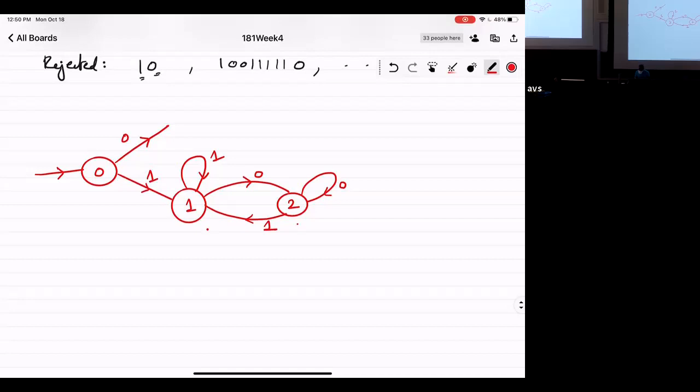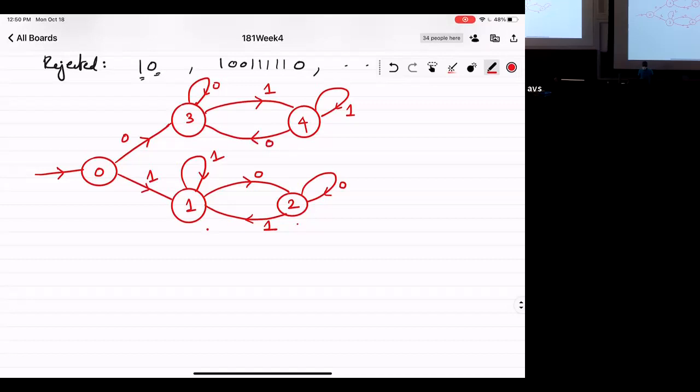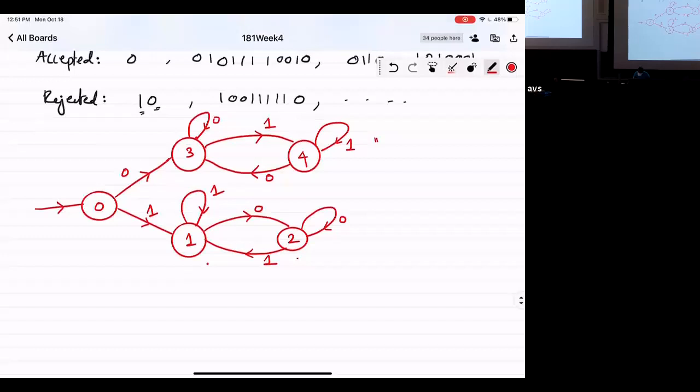Similarly, I need to create a replica of this here, where I'm trying to check whether the last bit I'm going to see after the first bit being 0 is a 0. So if I see a 0, I stay right there. If I see a 1, I flip. 1, I stay right there. 0, I come back. So the universe split into two here, branched off.